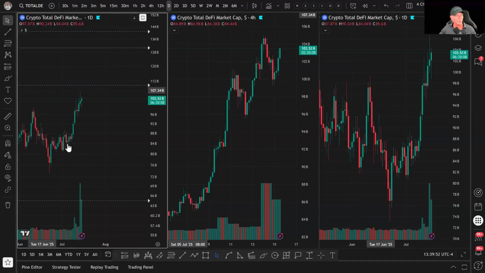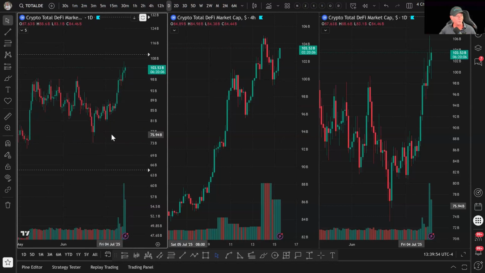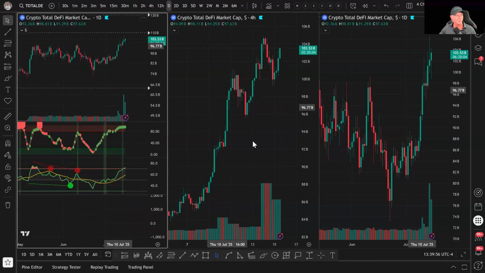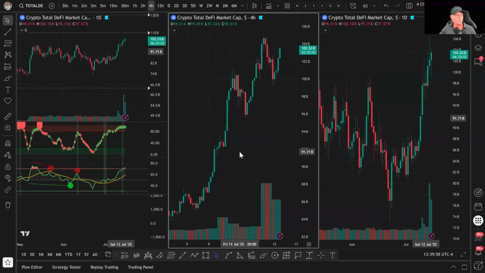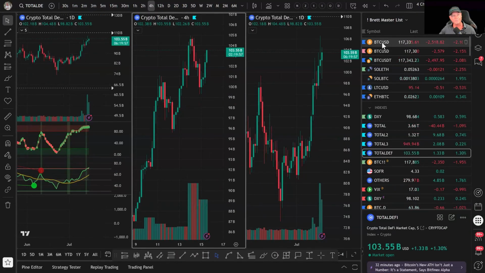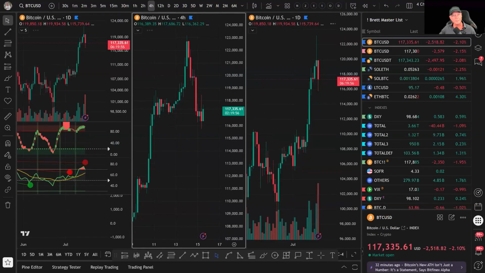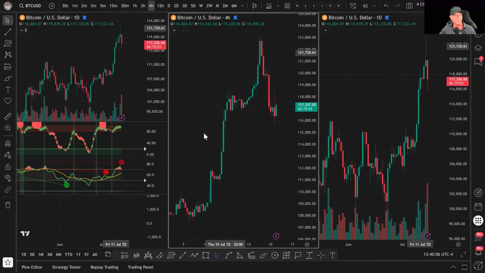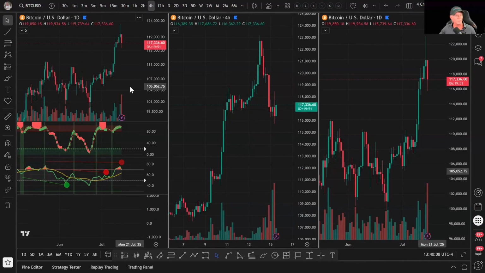So we have this 1 hour chart has been pushing up here, and the 4 hour chart also, I'm sorry, we're on DeFi. Get back to Bitcoin on Coinbase there. And so again, double clicking will give you this on the 1 hour chart of Bitcoin.